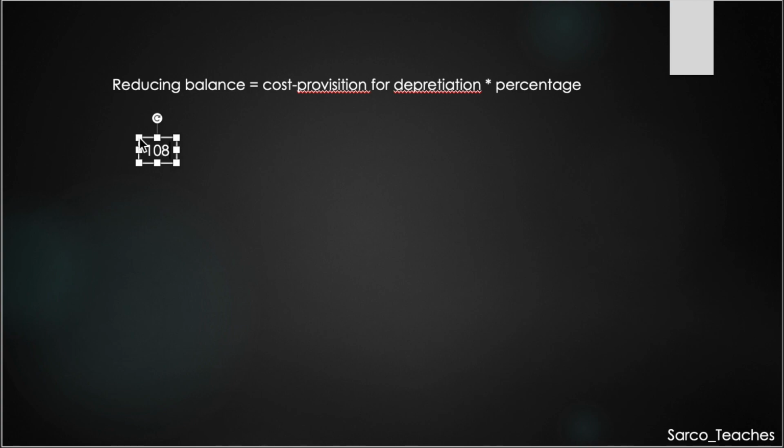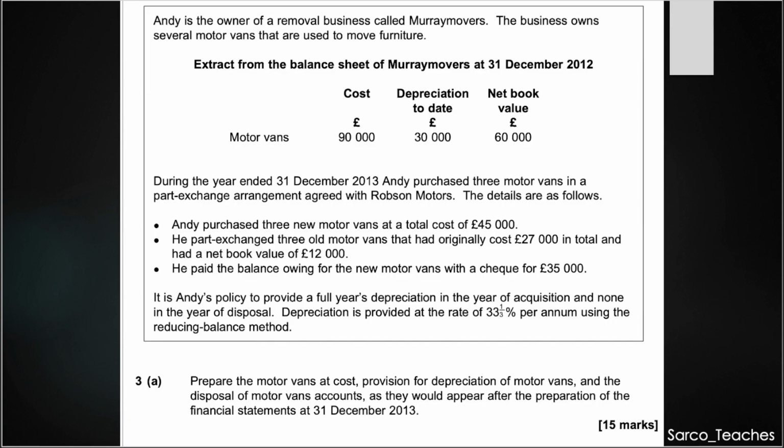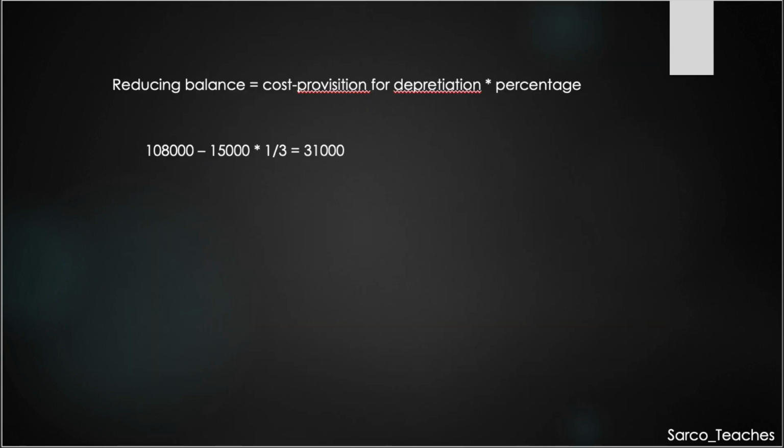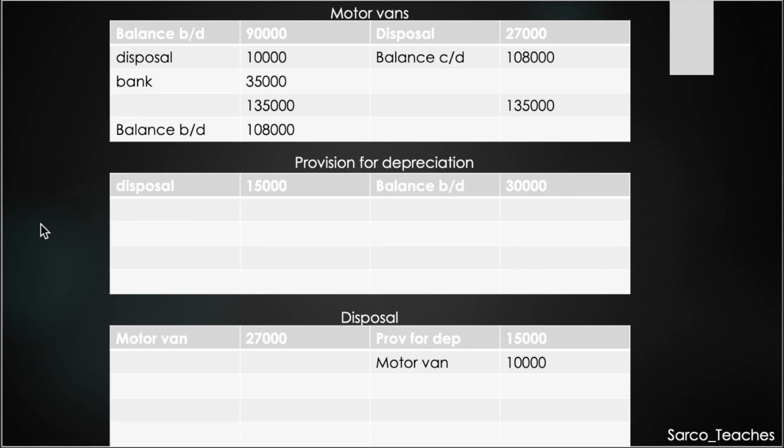So now we have our amounts. We do 108,000 minus 15,000 times 1/3%. And that gives us a total amount of 31,000. So where do we put this 31,000? We put it on the credit side of provision for depreciation.